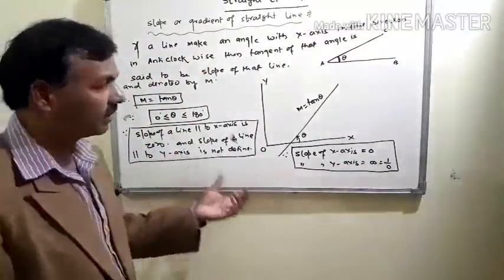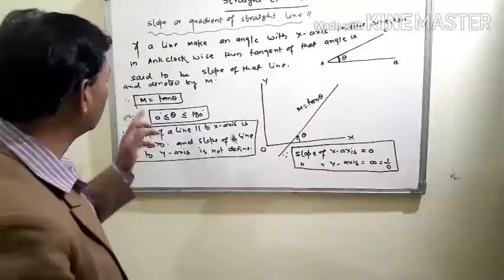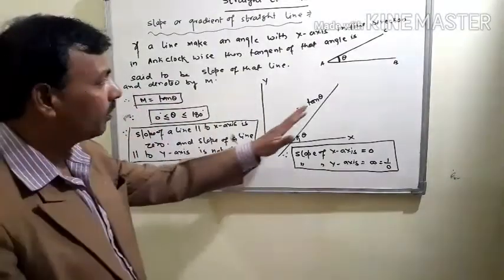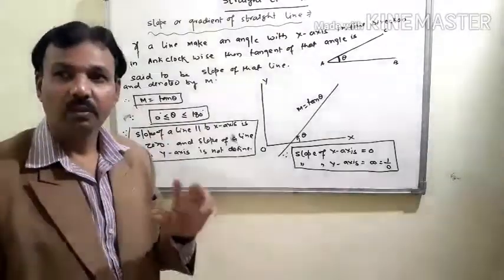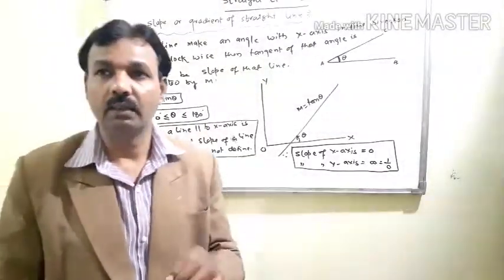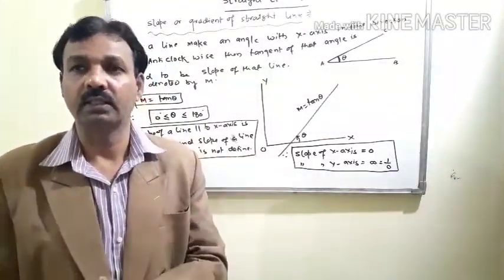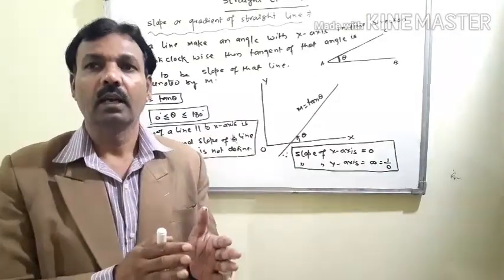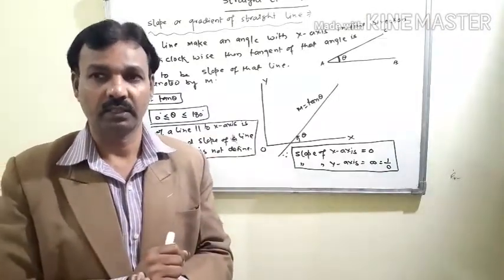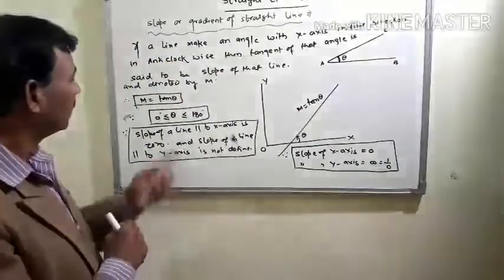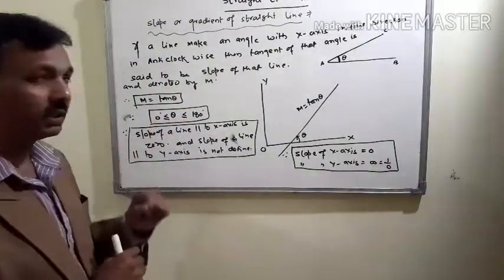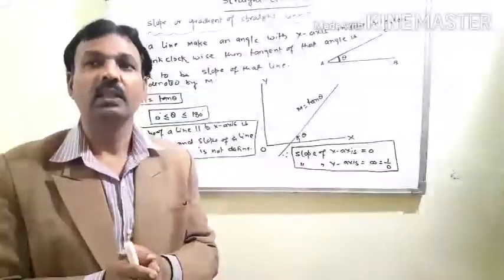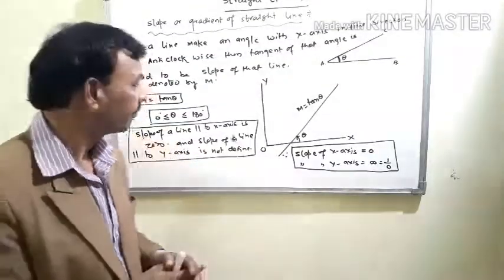Here there are three very important results. First, the slope of any line is m equals tan theta, where theta is the angle between that line and the x-axis in the positive direction and in anti-clockwise direction. Theta lies between 0 and 180, with 0 and 180 also included.